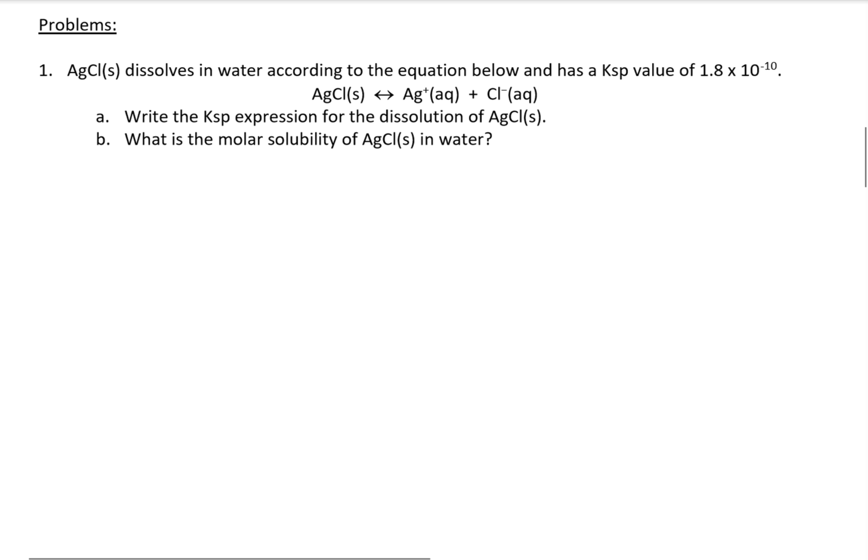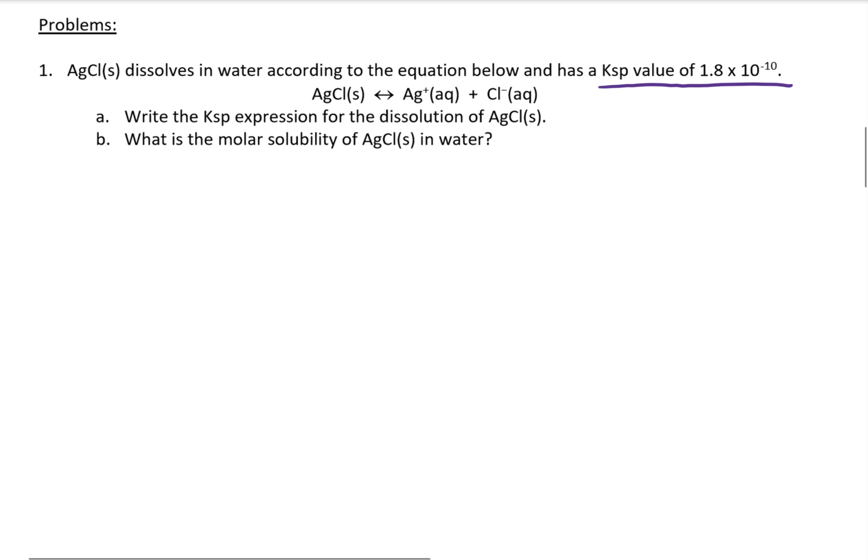Problem number 1, we have silver chloride. It dissolves in water according to this equation here, and it has a KSP value of 1.8 times 10 to the negative 10. KSP is that equilibrium constant. This one is known as the equilibrium constant solubility product because we're dealing with solubility problems, the solubility of solids or slightly soluble solids in water or solutions.